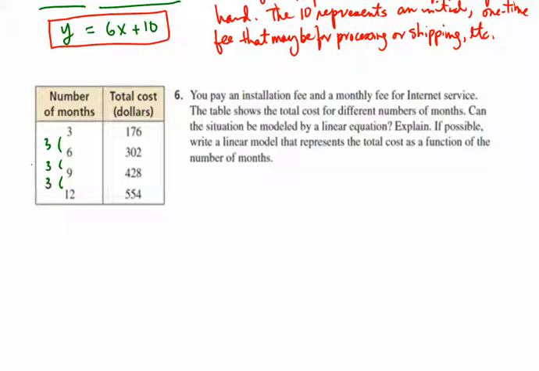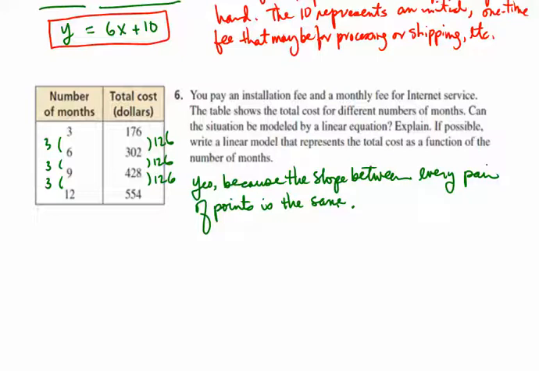They happen to be going up by 3 for each pair of data that we have, and the y values, or the total cost, are going up by 126. So because we have the same consistent change in y when we have a consistent change in x, or in other words, the slope between every two pairs of points is the same, then we know this can be modeled by a linear equation.